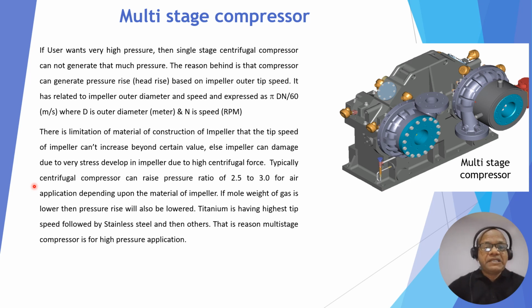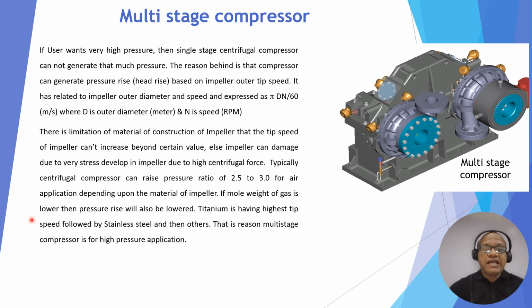Typically, a centrifugal compressor can raise a pressure ratio of 2.5 to 3 for air application, depending upon the material of the impeller. If the molecular weight of the gas is lower, then the pressure rise will also be lower. In the case of ethylene service or hydrocarbon gas with molecular weight of, say, 16 or 17, the pressure ratio cannot be 2.5 or 3; it will be very small.